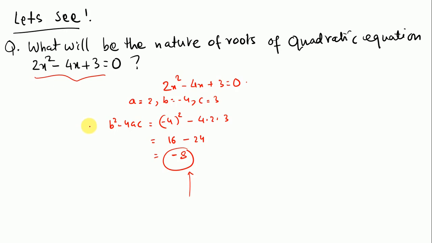So this is how you can find the nature of roots of any quadratic equation. If b square minus 4ac is greater than 0, the roots will be real and unequal. If the discriminant equals 0, the roots are real and equal.